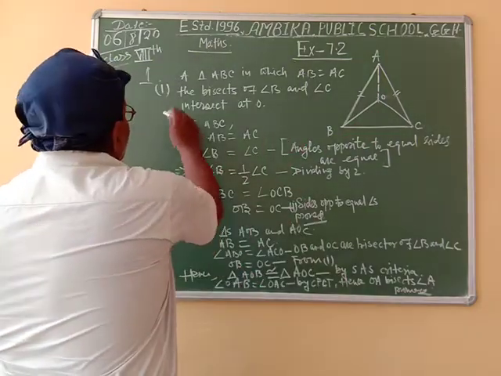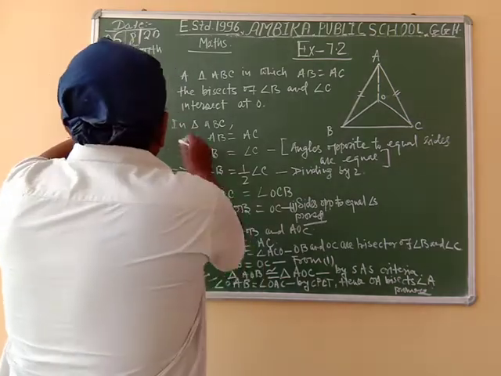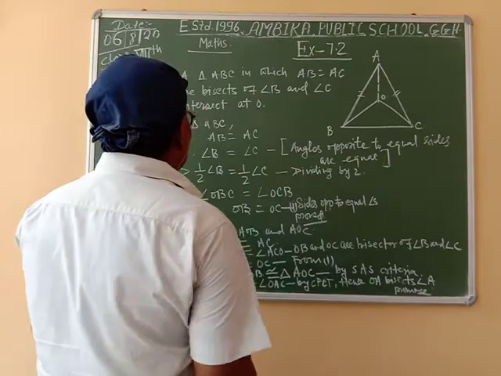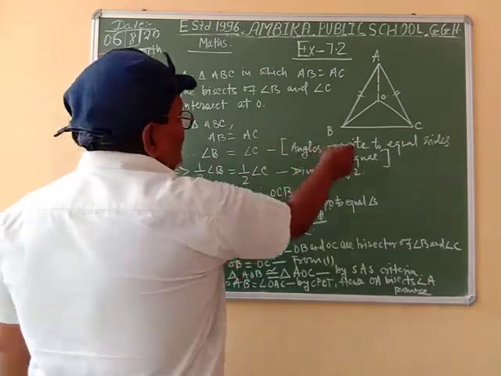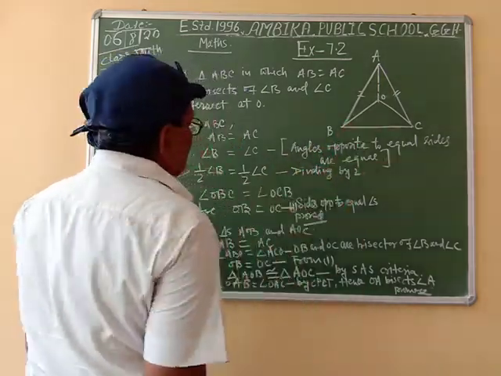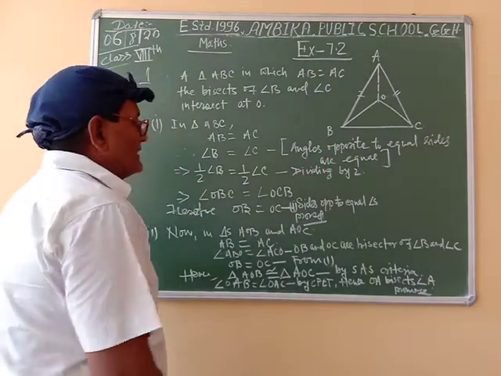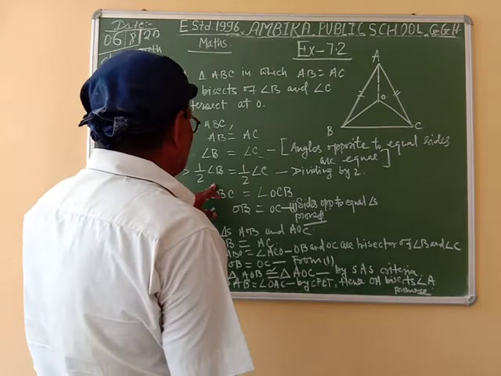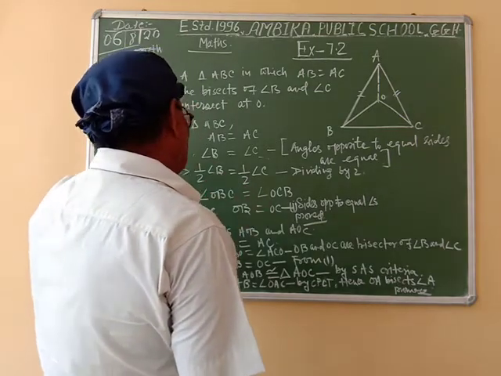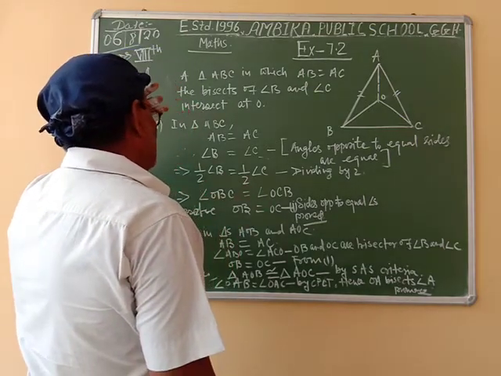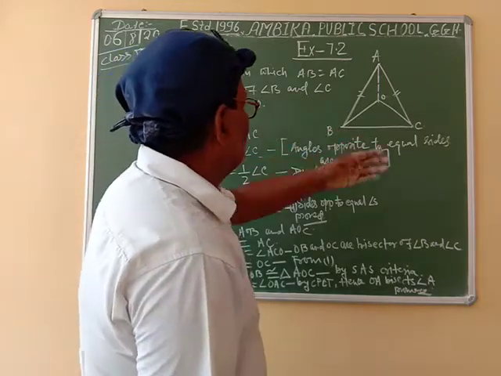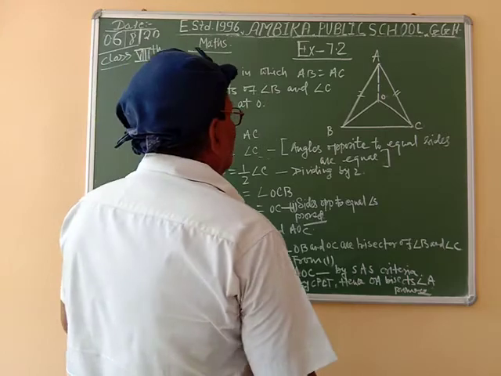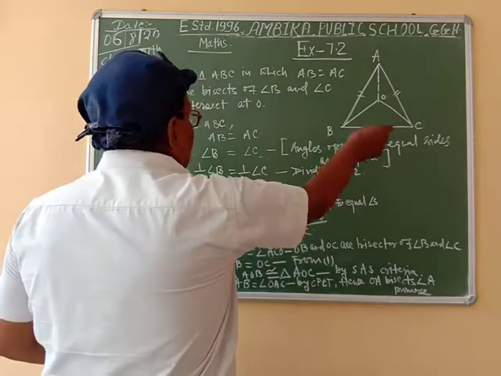In triangle ABC, AB equals AC, we are given. Therefore, angle B is equal to angle C. Angles opposite to equal sides are equal. Half angle B is equal to half angle C, dividing by 2. Angle B and angle C are divided by OB and OC bisectors.